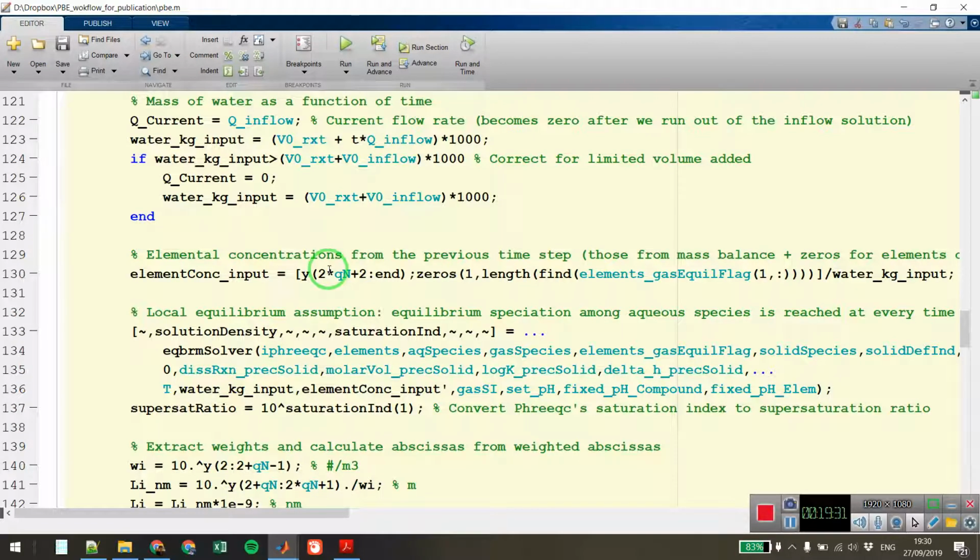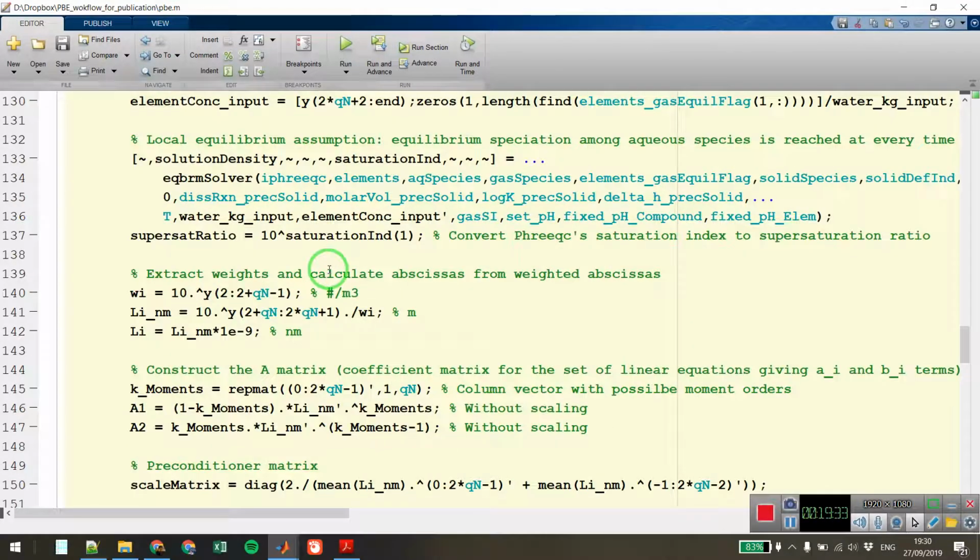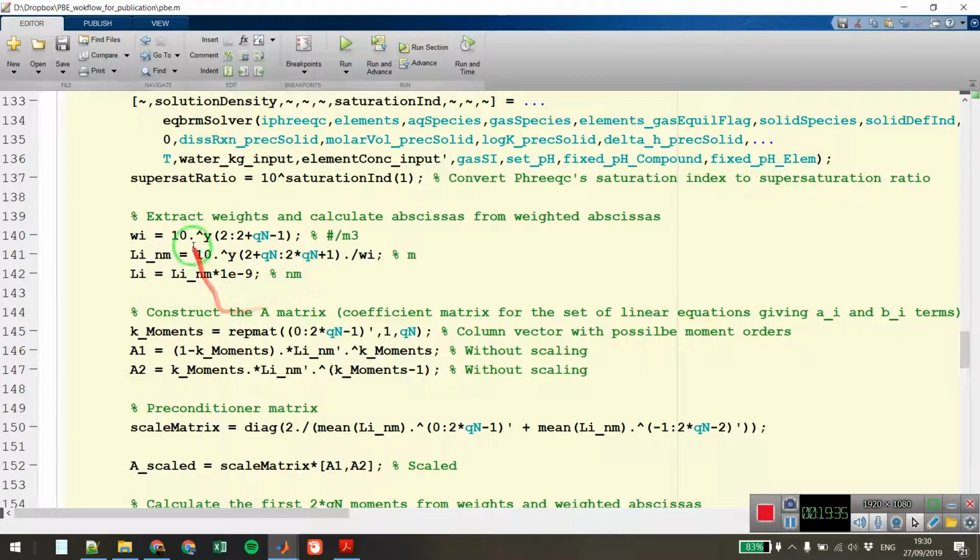And then from there, we can calculate the supersaturation ratio. And we also unfold, or calculate the anti-log of these dependent variables to get weights and abscissas. Abscissas, of course, in nanometers, and then from there we can calculate abscissas in meters.